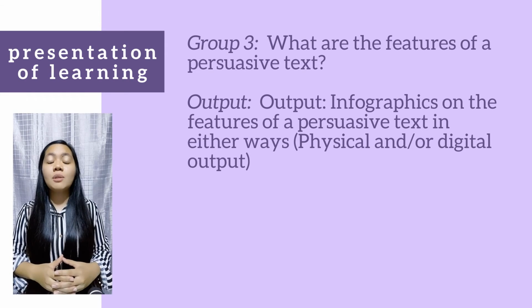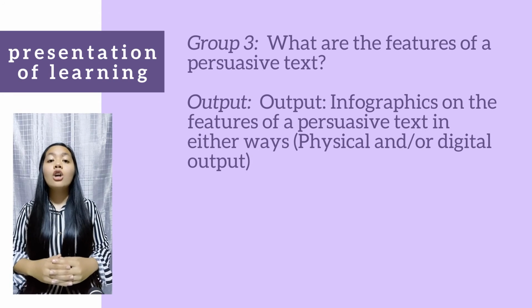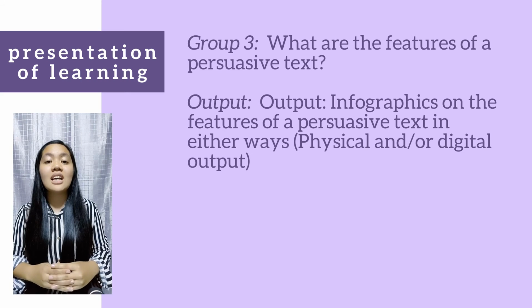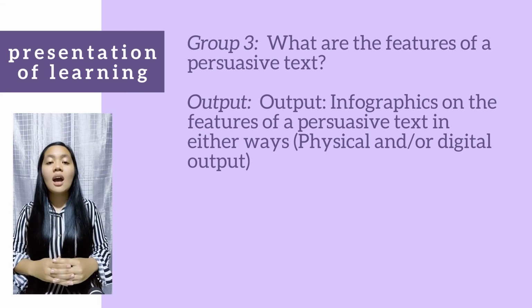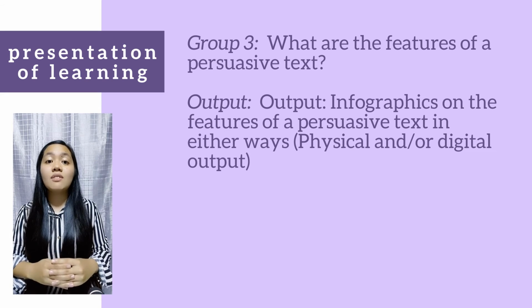For Group 3, your problem is, what are the features of a persuasive text? Your group is tasked to come up with an infographics using the internet and any applications available online such as Canva to explain the features of a persuasive text, whereas you will creatively provide accurate and informative details regarding the features of a persuasive text.